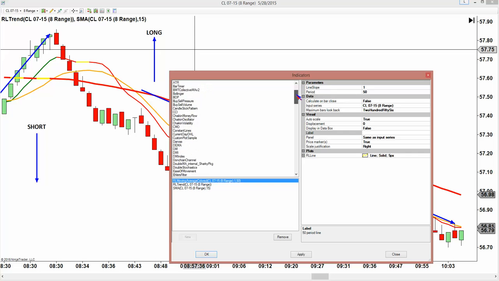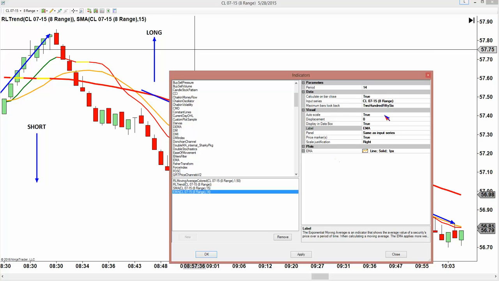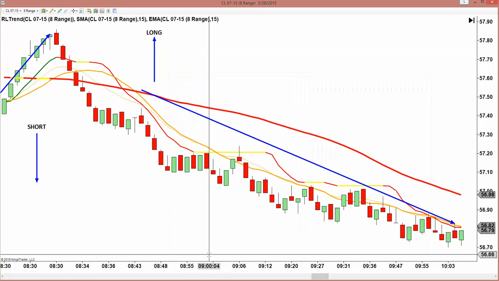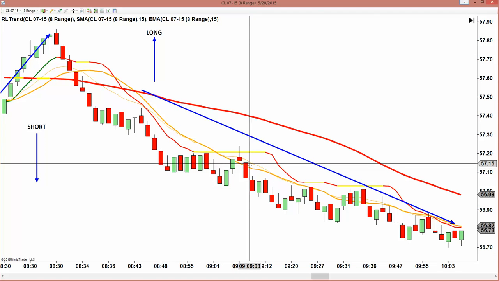I'm asking this question, and I don't expect anyone to answer: why does the exponential moving average hug price tighter than the simple?